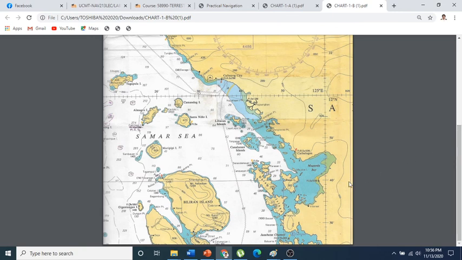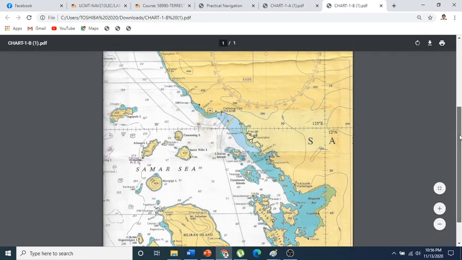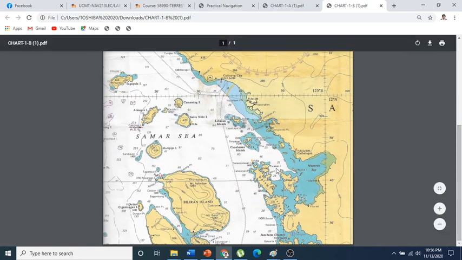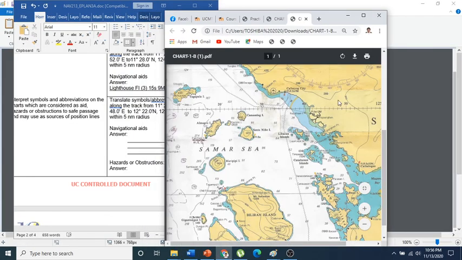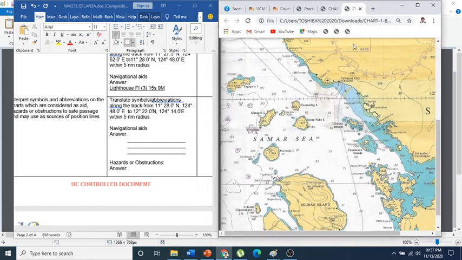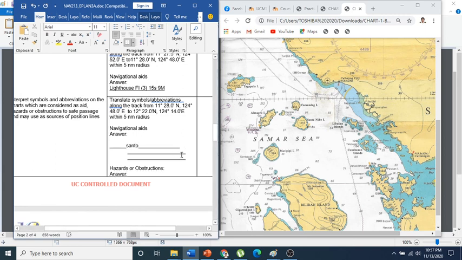Again, these are anything that can help a mariner in his navigation. So I see three lighthouse. So I will put here Santo Niño Lighthouse, Santo Niño Lighthouse, flashing 5 seconds.